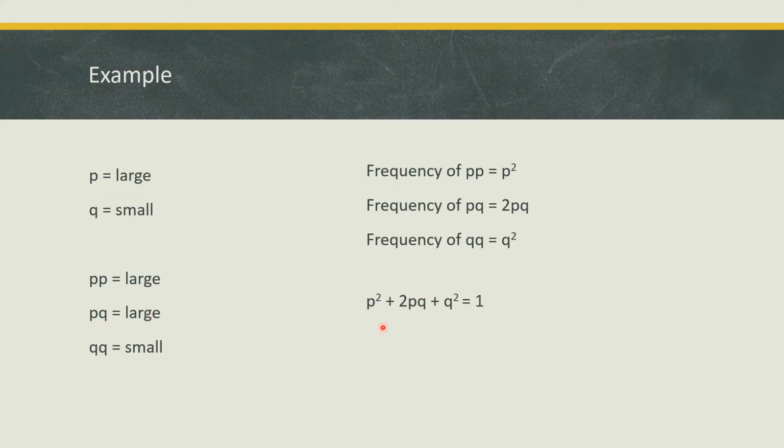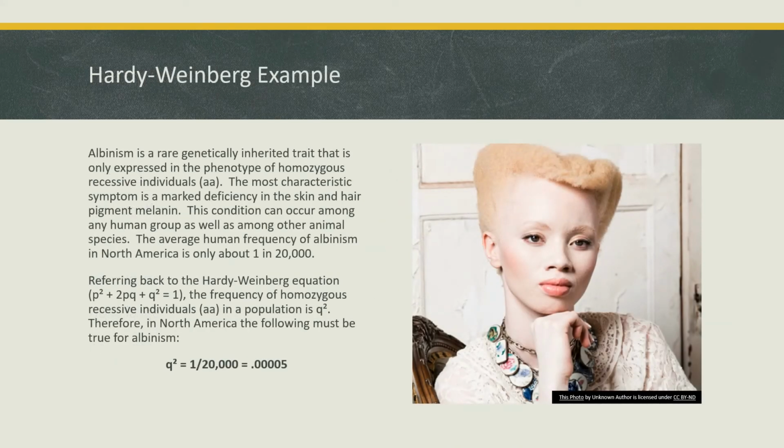So in the second Hardy-Weinberg equation, the frequency of homozygous dominant is p squared, the frequency of heterozygous is 2pq, and the frequency of homozygous recessive is q squared. So we can see the evolution of the first simple equation, p plus q equals 1, to this one, p squared plus 2pq plus q squared equals 1. Okay, don't freak out. Stay with me because we're going to do an example together to help this make sense.